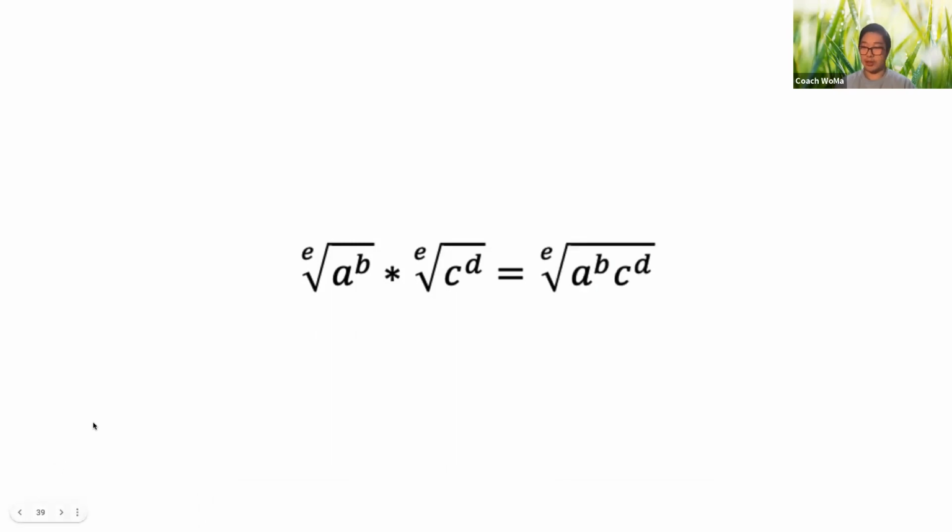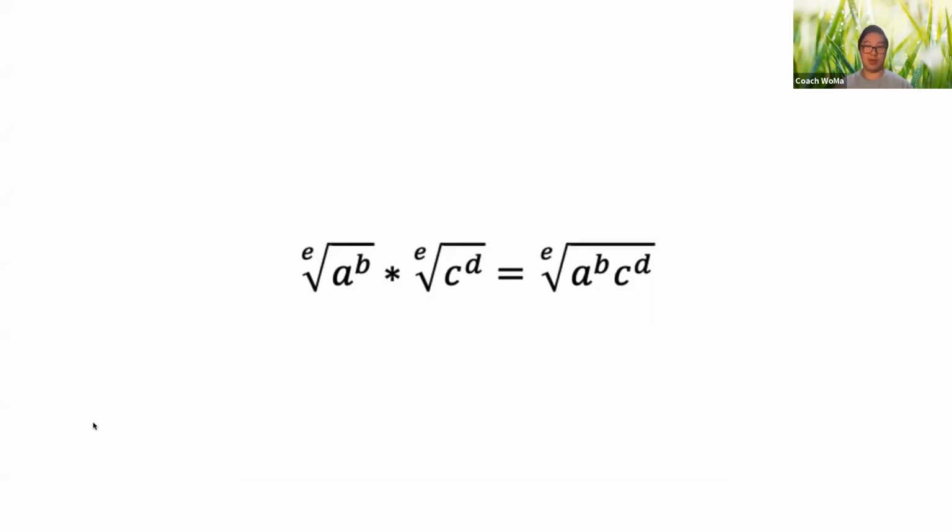So what I was looking for was the eth root of a to the b times c to the d. Some people sent me a to the b over e times c to the d over e, and that's also the same. I just want to let you know that you can put it all under the same root. And sometimes you might go the other way around.